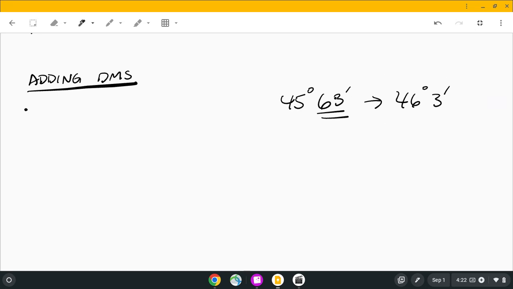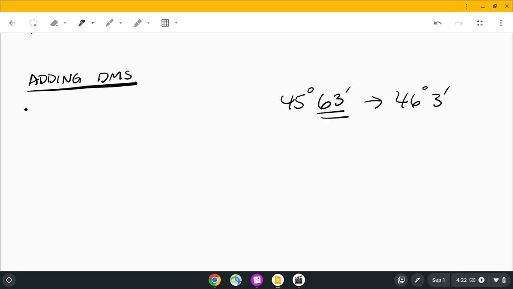Because again, once you hit 60, that's equal to 1 degree. We can't even have 60. The most we can have here is 59. And it's the same thing with the seconds. You would never have 60 seconds, or 63 seconds. You wouldn't have anything more than 59, because once you hit 60 seconds, it turns into a minute.